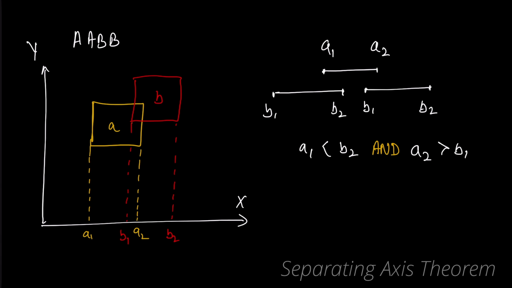Now, what did we just do? We just projected both of these boxes onto x-axis, right? And then we also need to do that for y-axis. This is just implicitly known because it's easier to visualize like that, right?